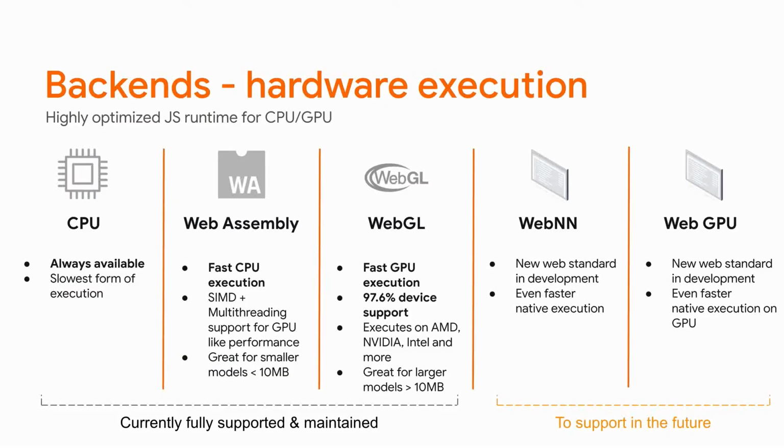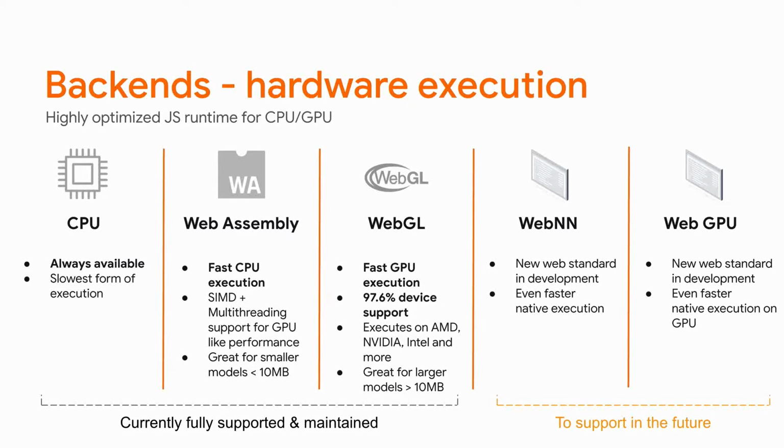On the left, we've got the CPU, which is always available. Essentially, this is vanilla JavaScript, but it's the slowest form of execution. We've also got WebAssembly for faster CPU execution, and with support for SIMD and multithreading, our smaller models can run just as fast on CPU as our GPU implementation in the browser.